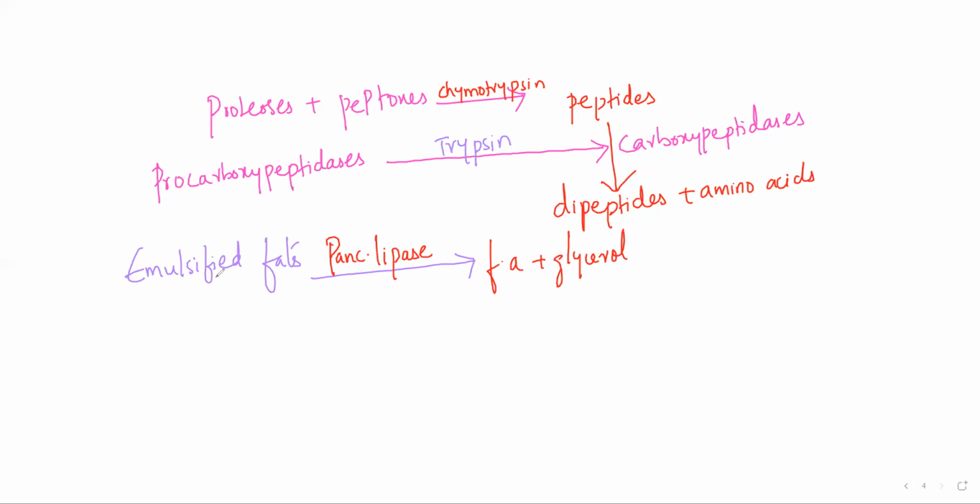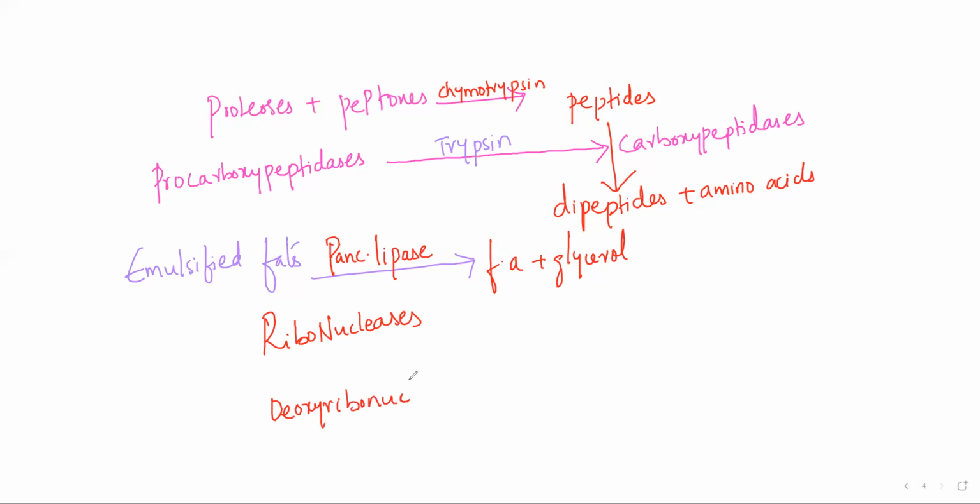And next, you can even see that there are some enzymes like ribonucleases. Let me write this for you. The ribonucleases are there, and we can even see deoxyribonucleases.